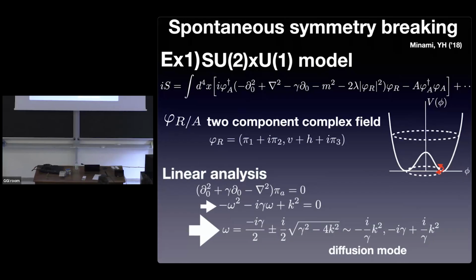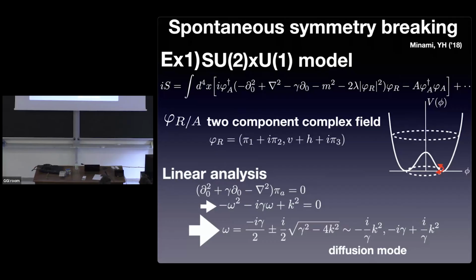But since this is an open system, we have something here that gives you this kind of low energy mode. So the existence of this term gives you some gap, actually the damping mode and still a diffusion mode.